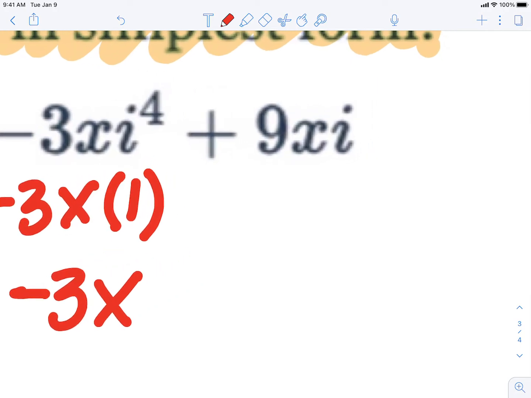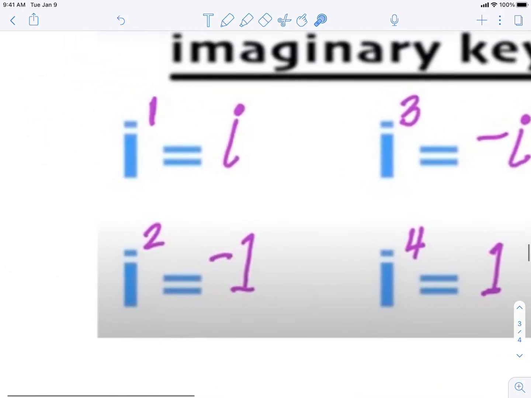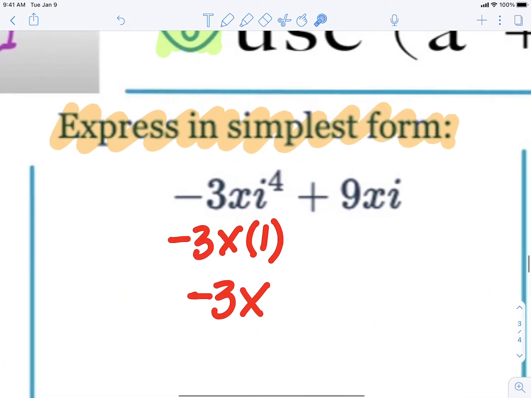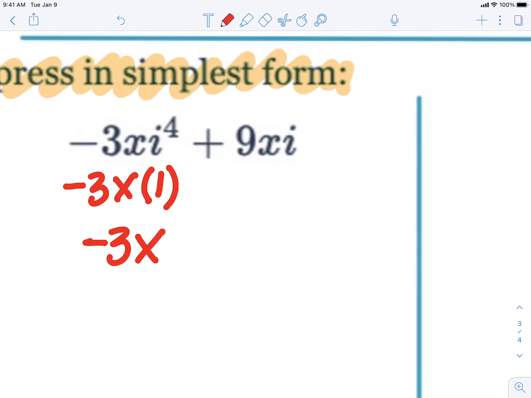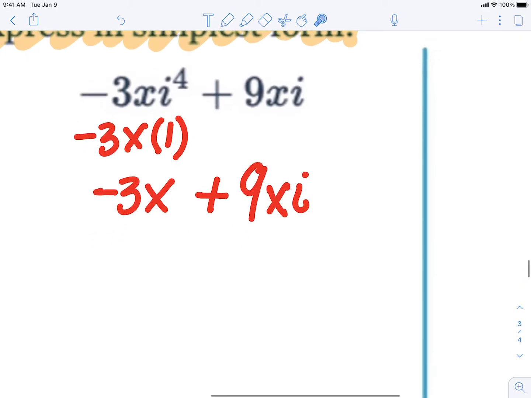Let's do this one now. How much is i to the first? Well, i to the first is just i. So this one just stays i. So I'm just going to write it over. 9xi. Positive. So the question here is, can I combine these two? Are these two like terms?